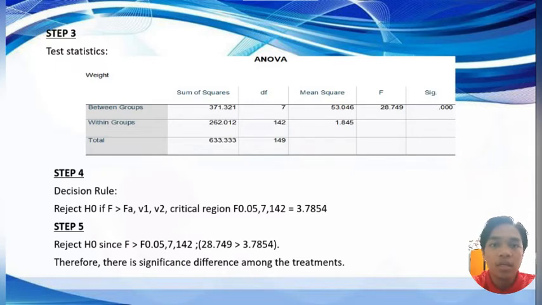Critical region equals 3.7854. Reject H0 since F is bigger than F 0.05, 1, 42, which is 28.749, bigger than 3.7854. Therefore, there is significant difference among the treatments.